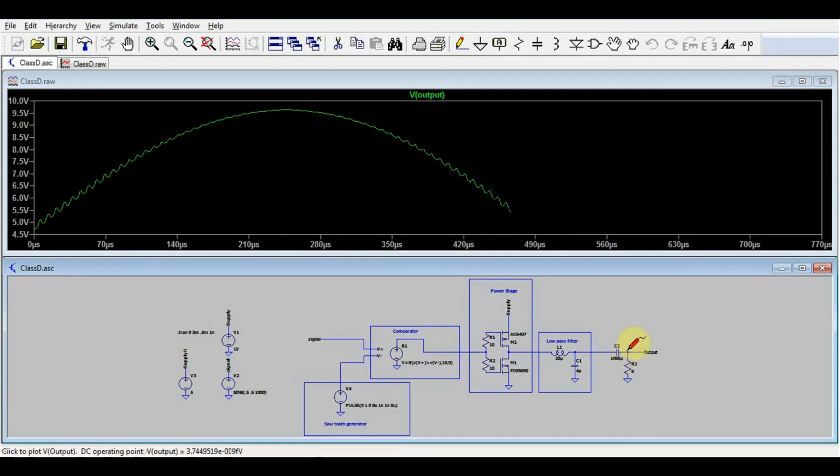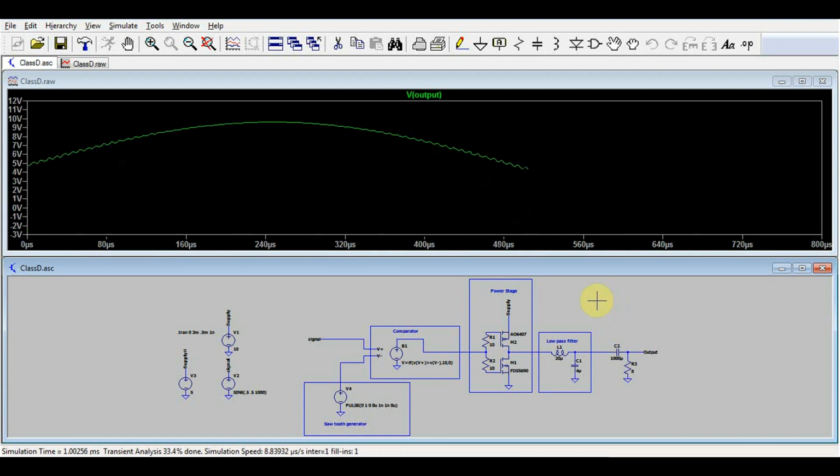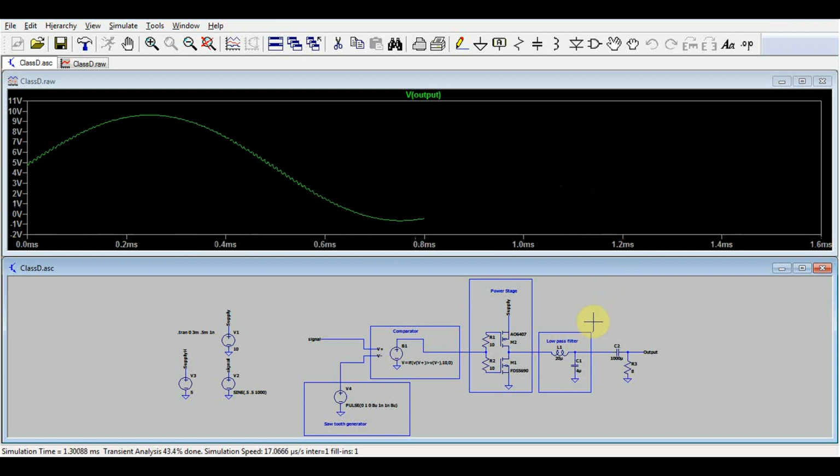Now, what makes the D-class amplifier special is the efficiency you can obtain. With the A-class amplifier, you had a maximum theoretical efficiency of around 50%. With the AB-class amplifier, again, the maximum theoretical efficiency is around 78%. With the D-class amplifier, the maximum theoretical efficiency is 100%.